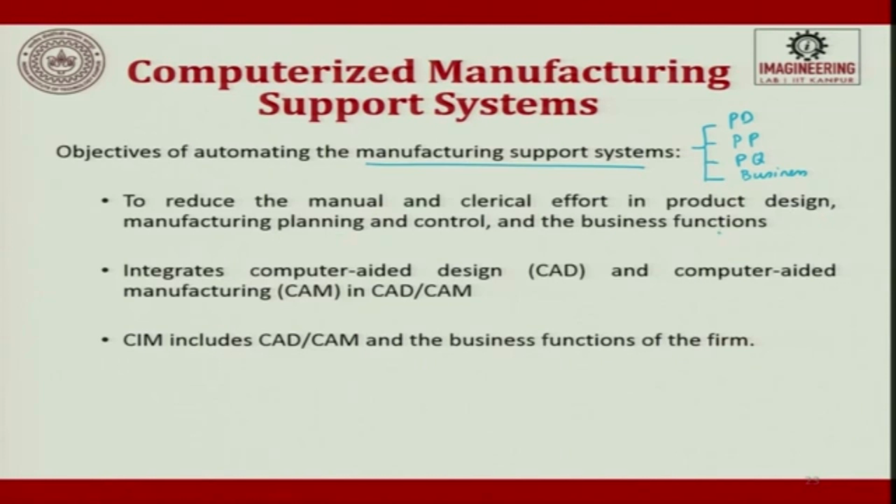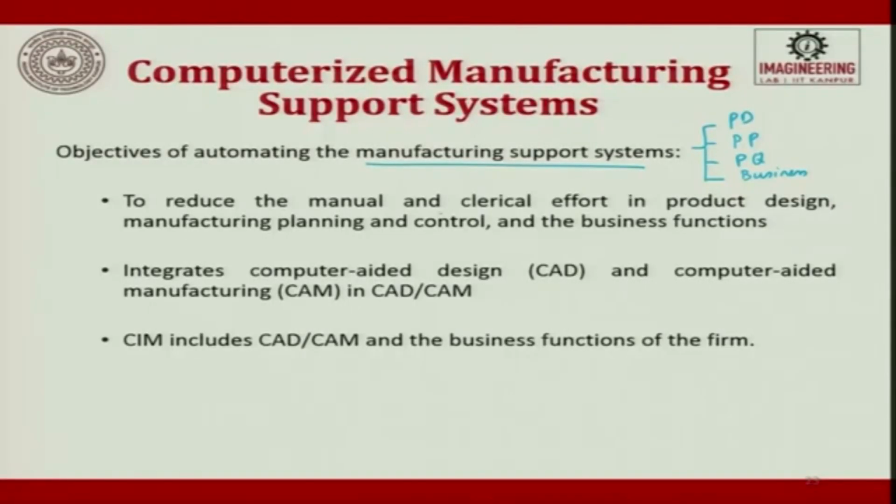control and business function. So, when we talk about product design, if we start doing it on a drawing board, every time when there is an error, we start erasing it. And suppose I wanted to do a small variation in the drawing, and I have to regenerate the entire drawing, then it becomes very difficult. So, today everything has become computerized.